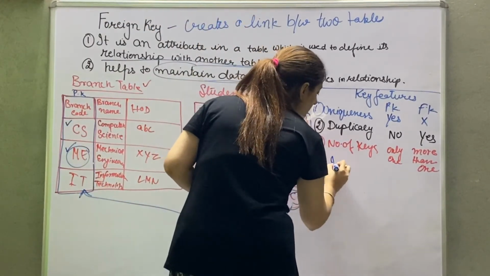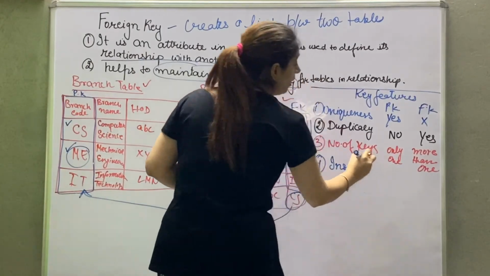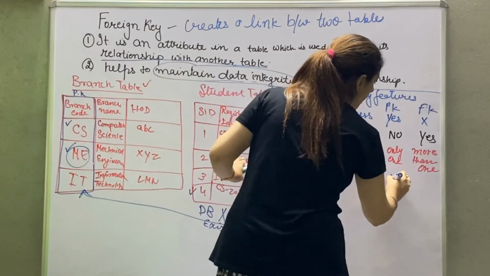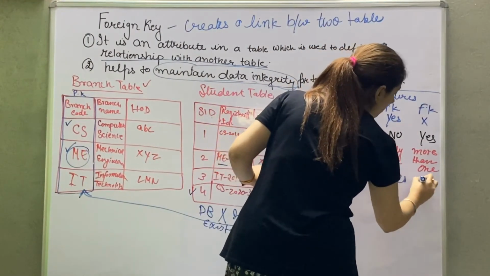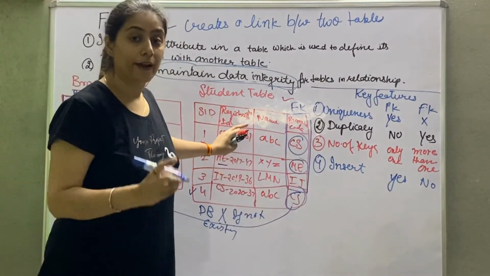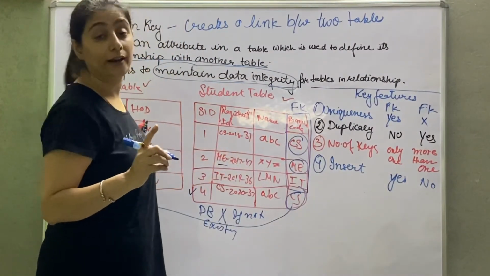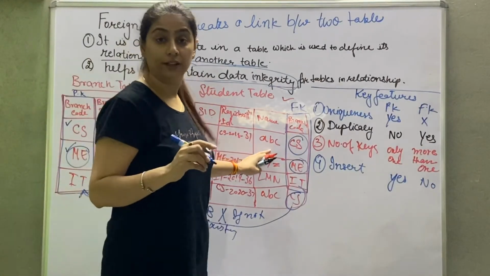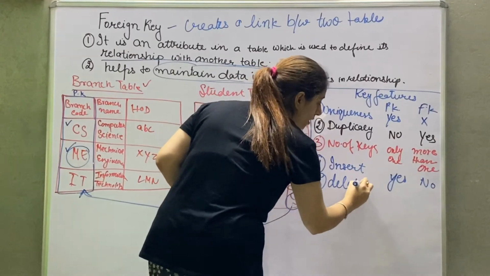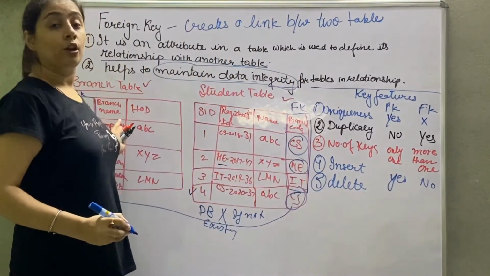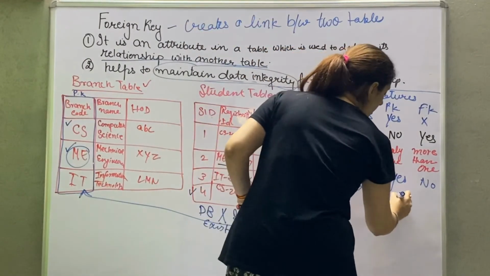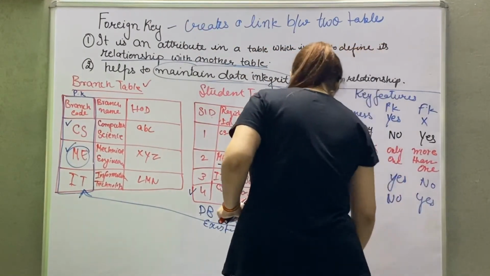Now next is insert. You can insert here, but you cannot insert directly here. Parent, you have to update the parent table first, then you have to update this. Now next is delete. From here you cannot delete if it is existing here, but here you can delete.